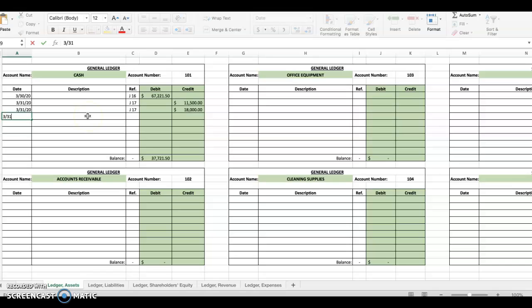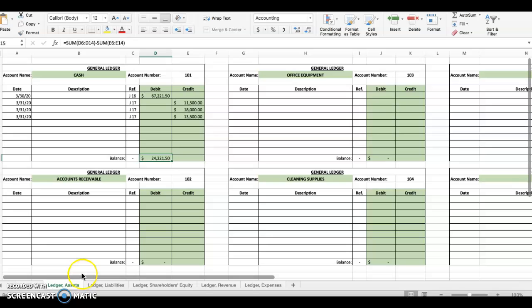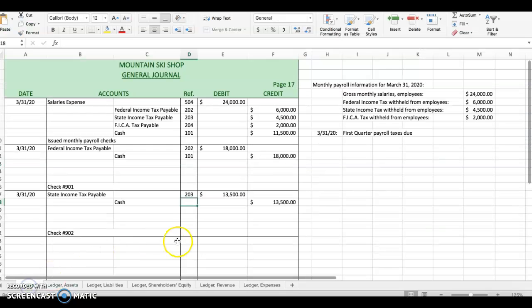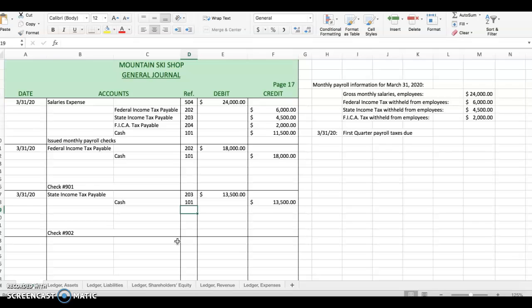Same date, same journal page, and cash is credited. So we're reducing our cash here. We better make some more sales next month. So account 101 back into the journal, and that has been posted.